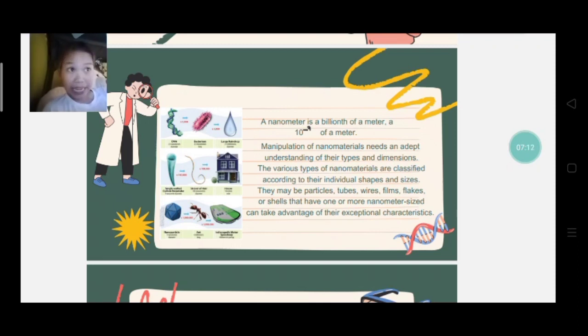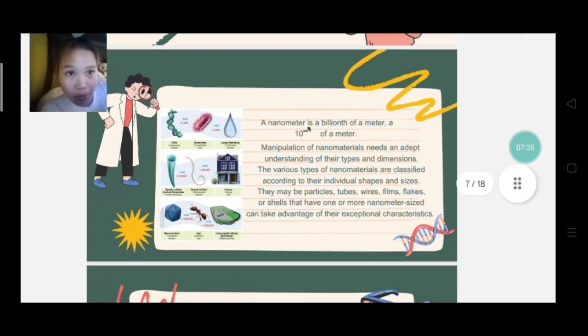So the nanoscale refers to the size range of objects or structures that are typically measured in nanometers or nm, which is a billionth of a meter. To give you an idea of the scale, we have here an example.